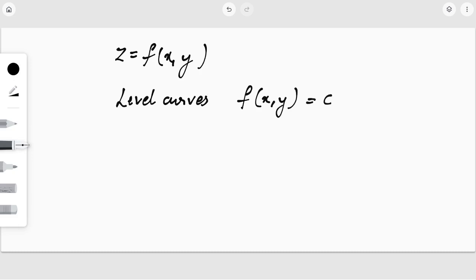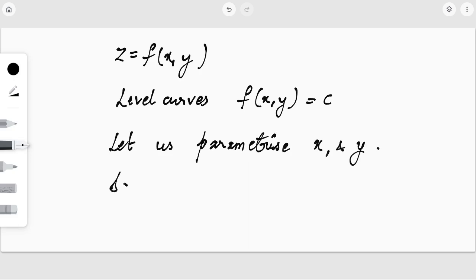Now let us parameterize the variables x and y. We have already used f, so we'll use g here: x equals g of t, and y equals h of t.